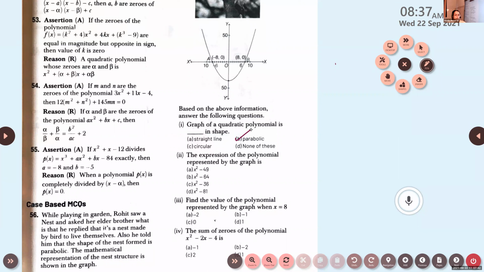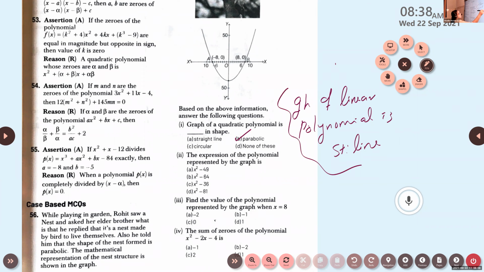Straight line. There itself you write: graph of a linear polynomial is a straight line, and highlight it. Graph of a quadratic polynomial is parabola. Graph of a linear polynomial is straight line.